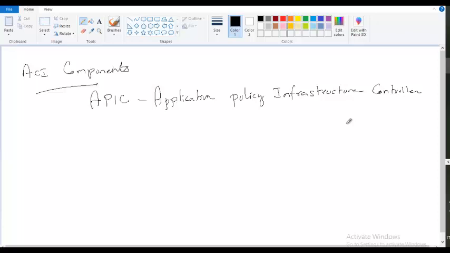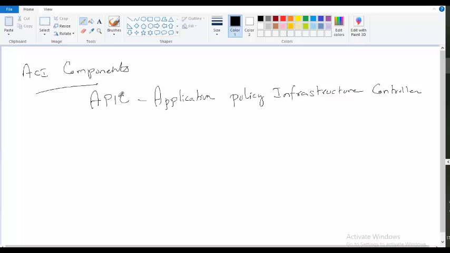We do the configuration on this APIC, and whenever the devices are getting connected to the ACI fabric, APIC pushes the configurations to all devices. So, like a brain giving commands to all the organs of the body. When there is a big fire coming towards me, I run fast.